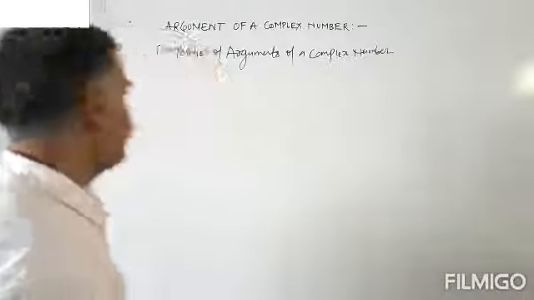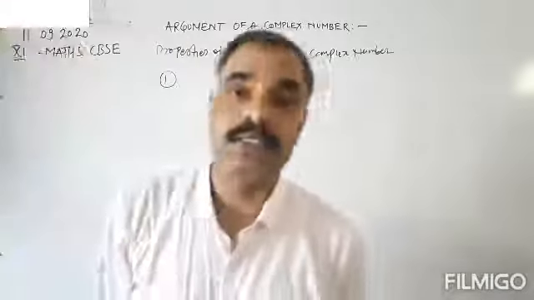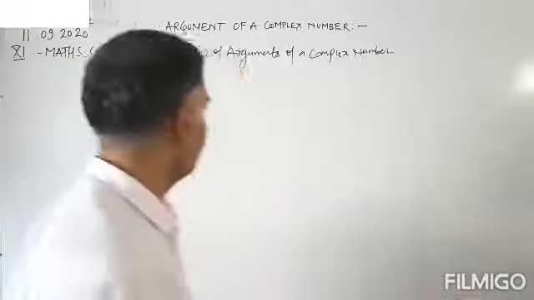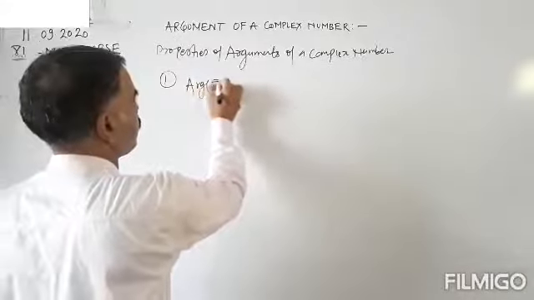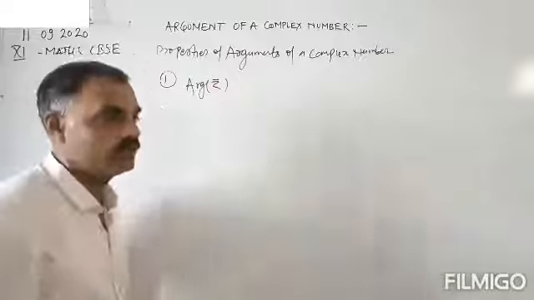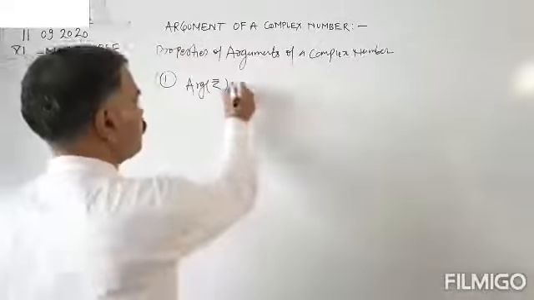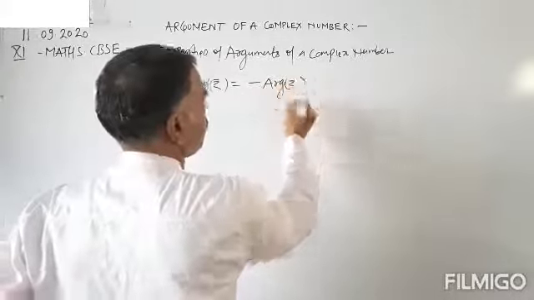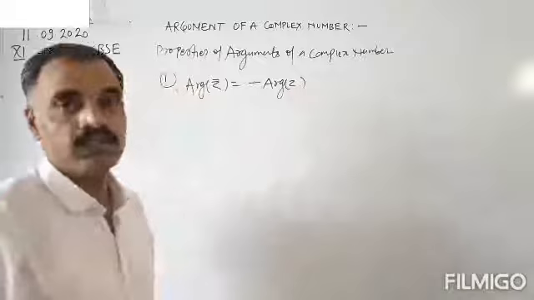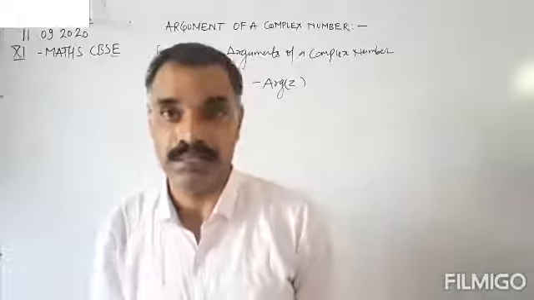First of all, the first property of the argument of a complex number is the argument of the conjugate. Argument of z conjugate is equal to minus argument of z.